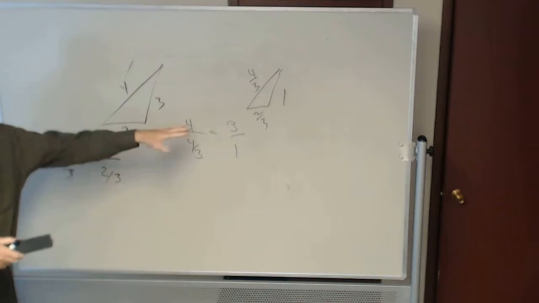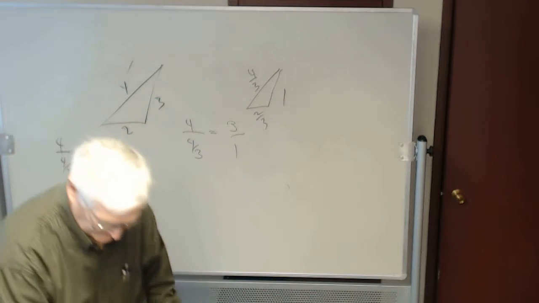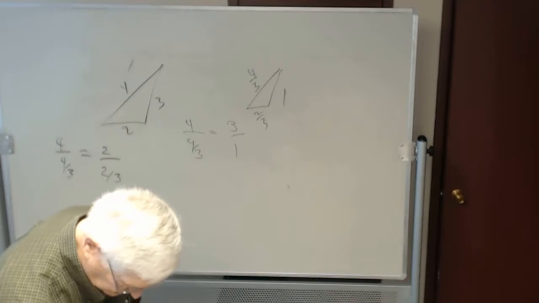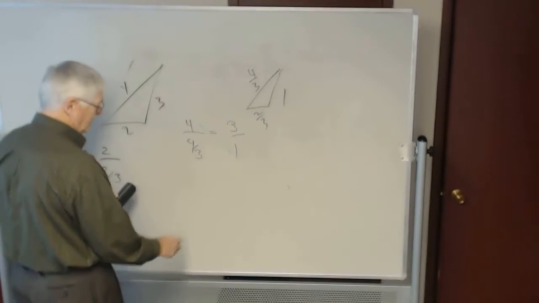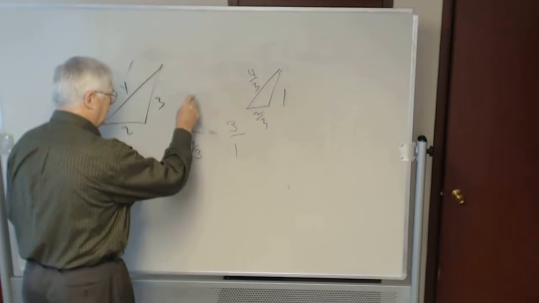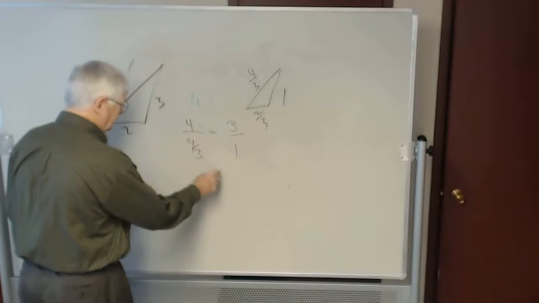You have to check all the sides to see if they're proportional. Let's use green. What's 4 times 1? 4. What's 3 times 4/3? 4. So it's okay here.